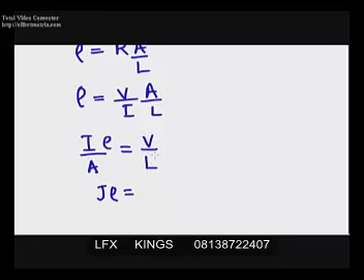Remember back in the topic electric field, electric potential, we said that electric field multiplied by length is equal to electric potential. So electric field should be equal to electric potential divided by length.